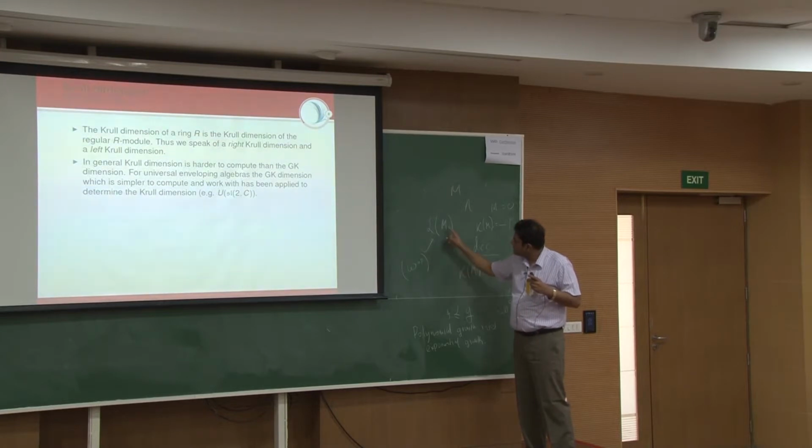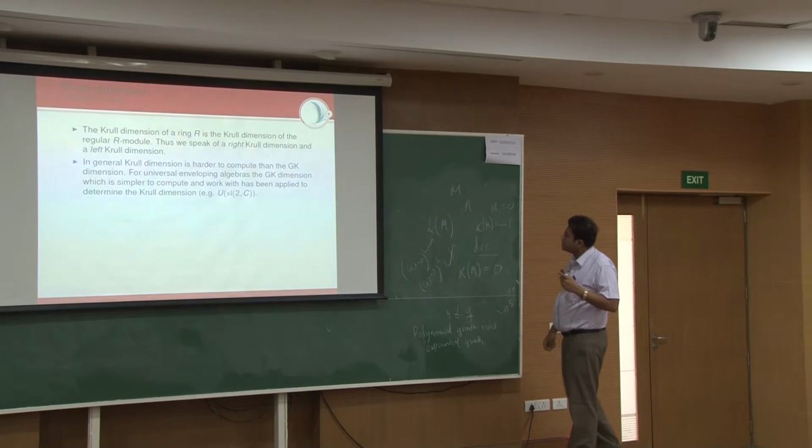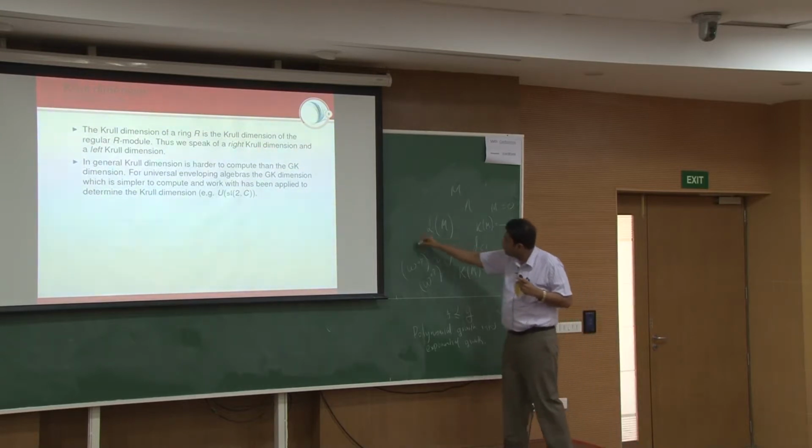If omega opposite embeds in Lm and omega opposite square does not embed in Lm, then we define the Krull dimension to be 1.